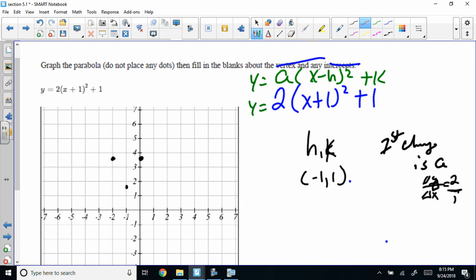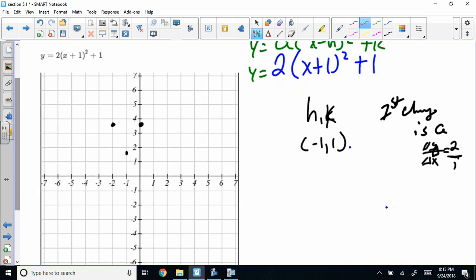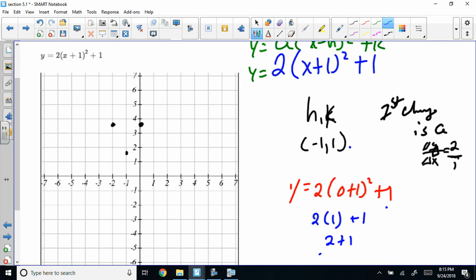Well, let's look. Y equals 2 times (0 plus 1) squared plus 1, right? Because when I want the y-intercept, x is 0. So that's 2 times 1 squared, which is 1, and 1 times 2 is 2, plus 1, which is 3, right?